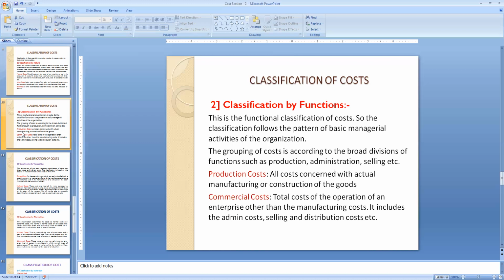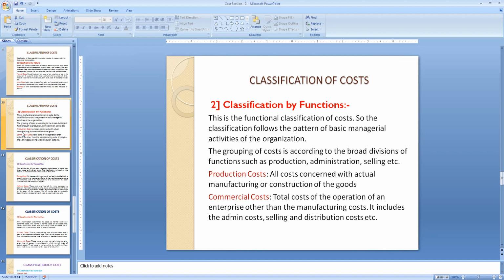It starts from the materials supply from the fields till the end of consumption, till the end of the consumer. All the expenses which are incurred are called production cost. Therefore, this production cost represents prime cost, right? This prime cost is the total cost of direct materials, direct labor and direct expenses.